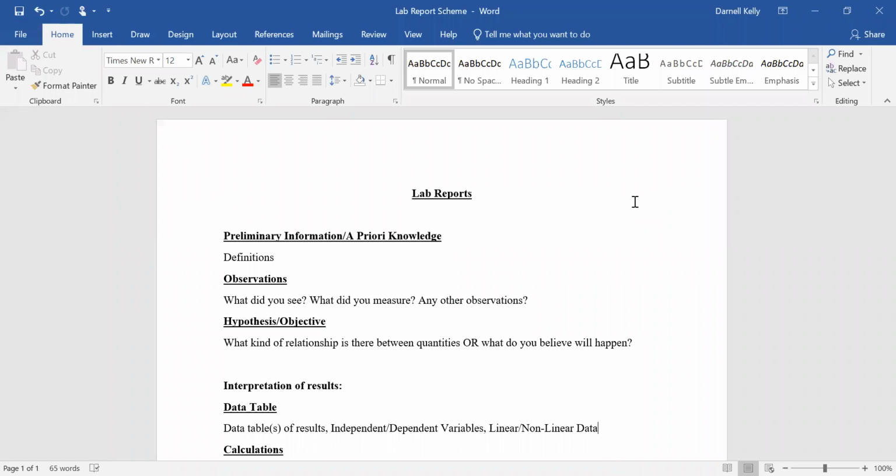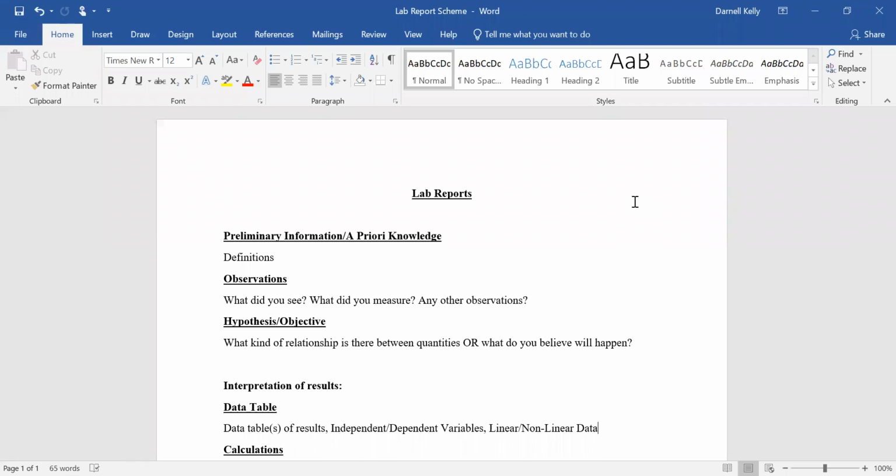Generally, especially when we get to the CVPM, we're going to start off with basic definitions like position, displacement, distance, time, velocity, acceleration. Preliminary information, a priori knowledge that not only will help us for the lab, but will also help us with our book work, which is coming up fairly soon.